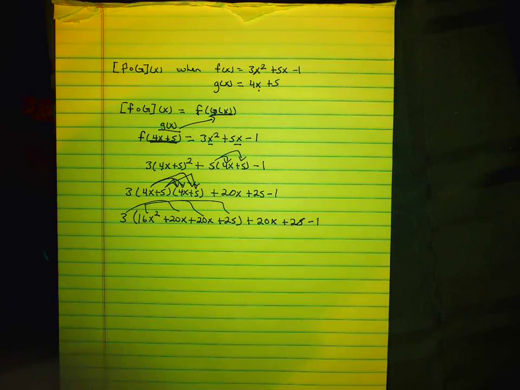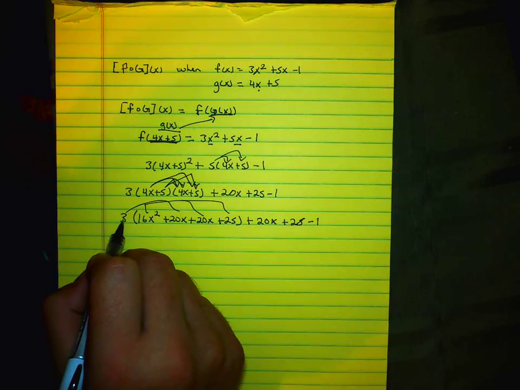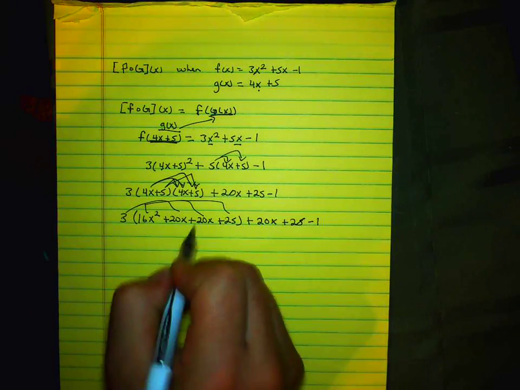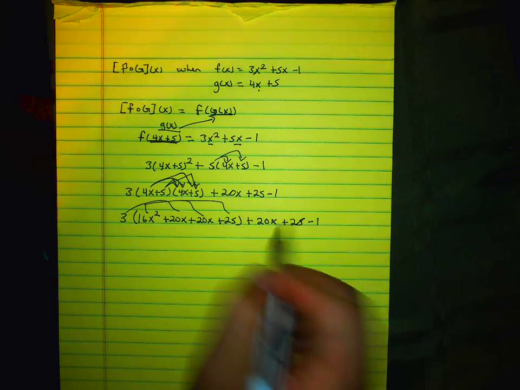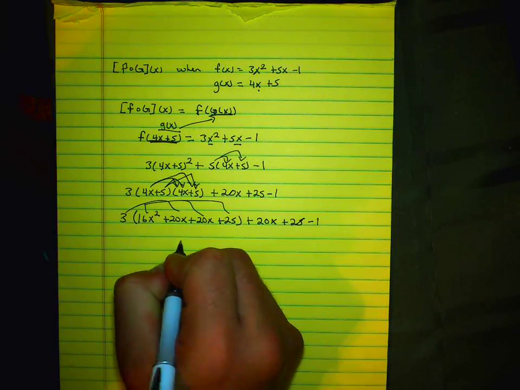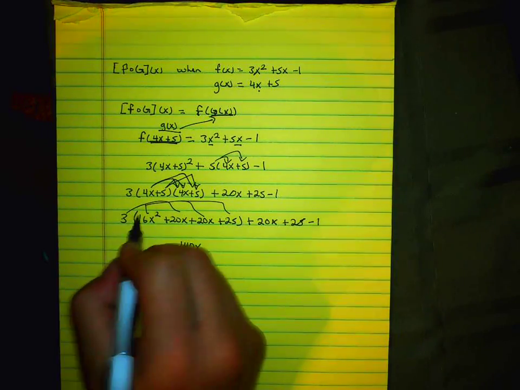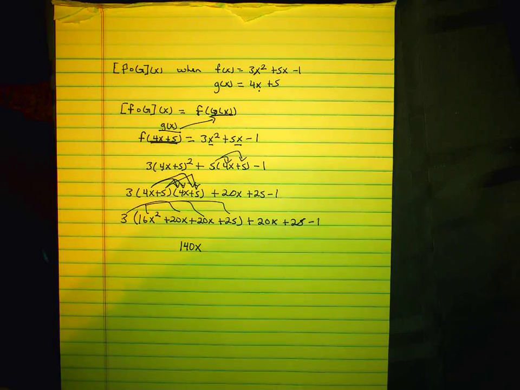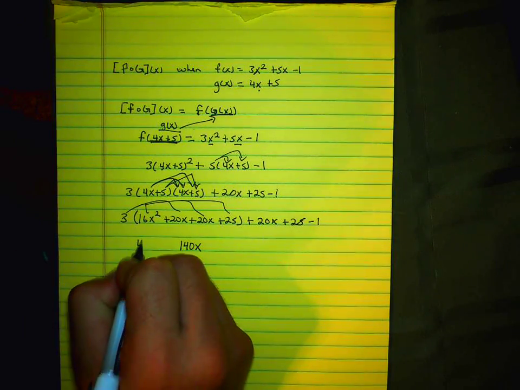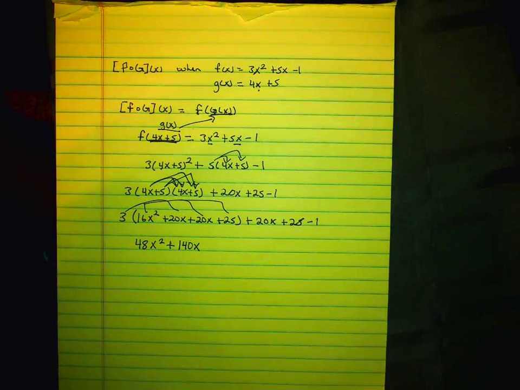So I can say that's 40x, so the 3 times 40x would give me 120x plus 20x, which gives me 140. So I'm going to wind up with 140 total x's for regular x. 3 times 16, 48. So 48x squared.